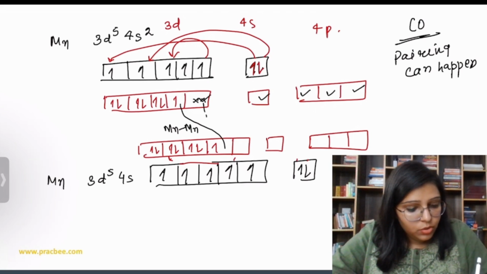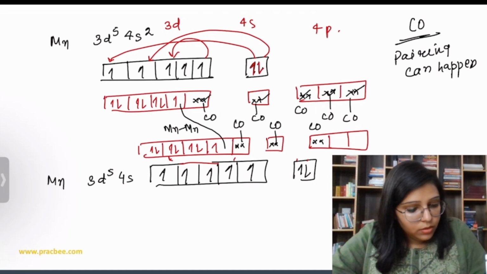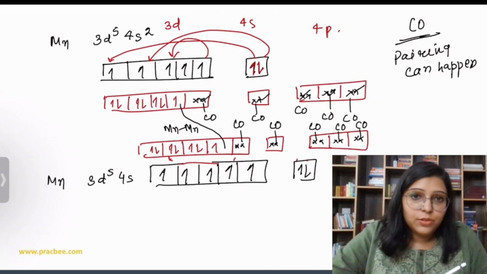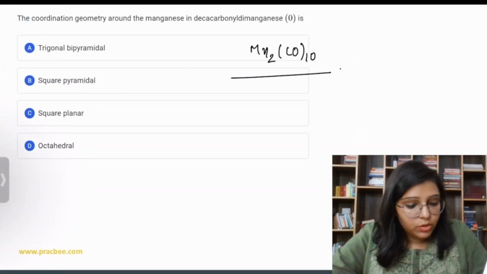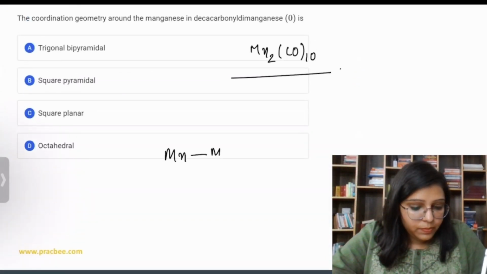So one CO over here, one CO over here, one CO over here, one CO over here, one CO over here. Similarly, one CO over each of the five empty orbitals of the other manganese. Right?